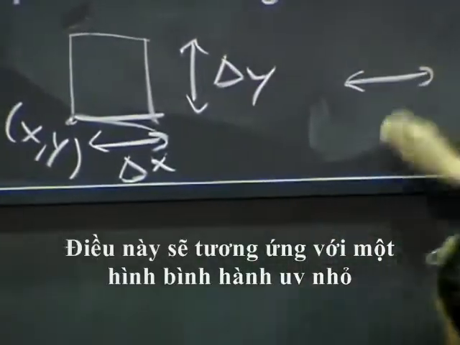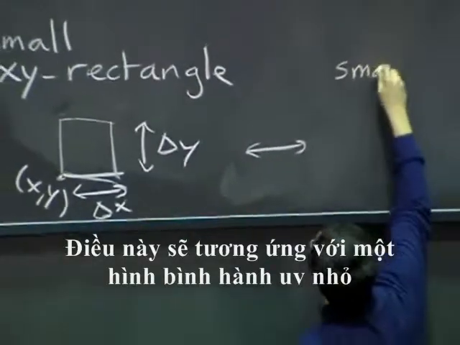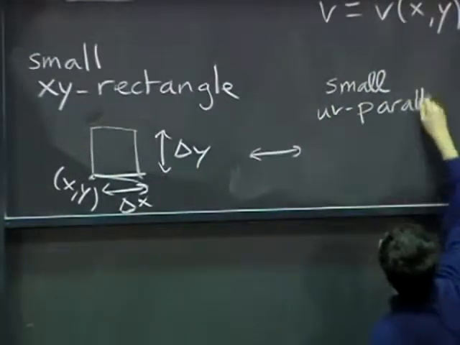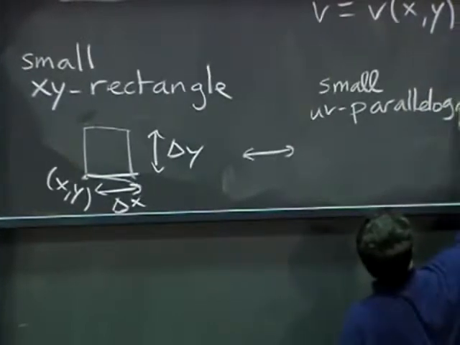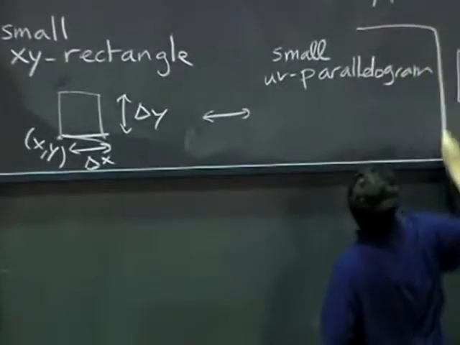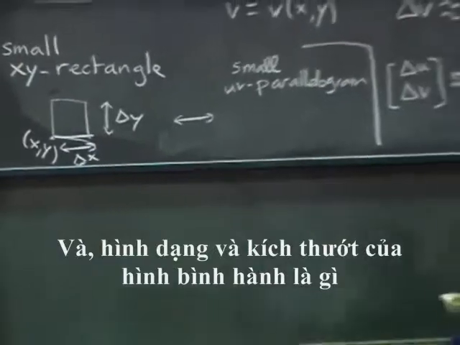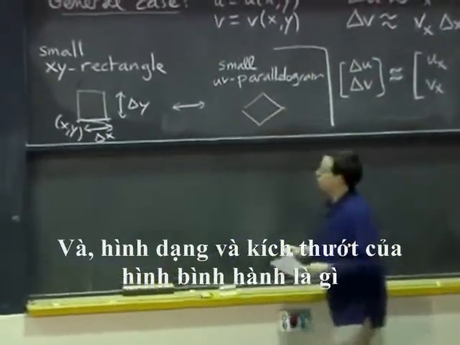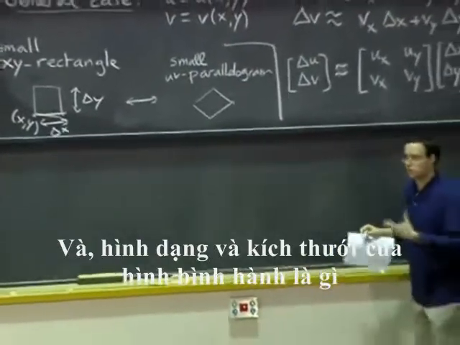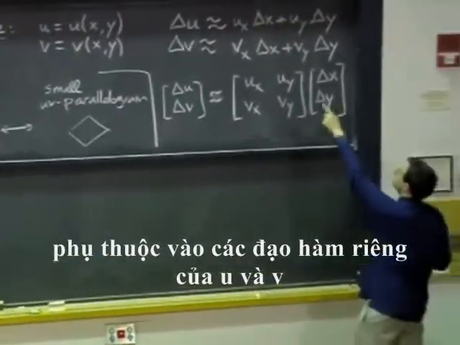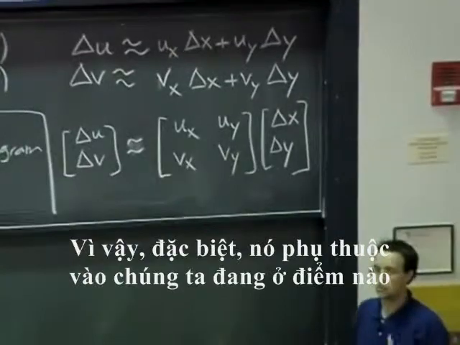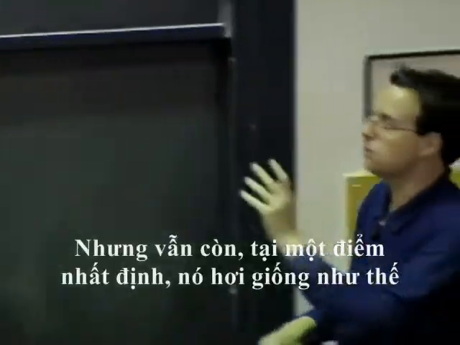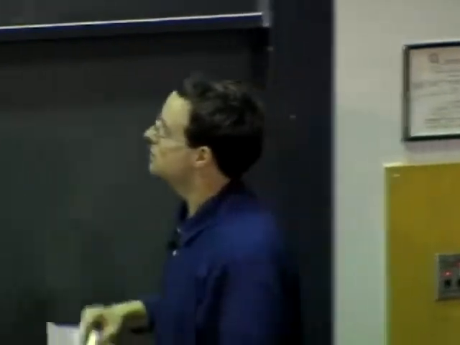This is going to correspond to a small UV parallelogram. And the shape and the size of that parallelogram depend on the partial derivatives of u and v. So in particular, they depend on which point we are at. But still, at a given point, it's a bit like that.